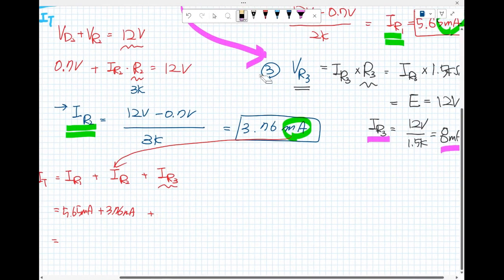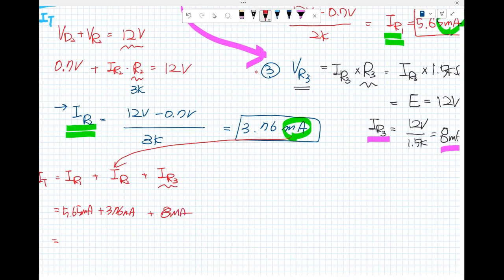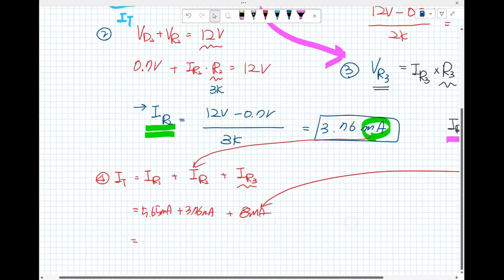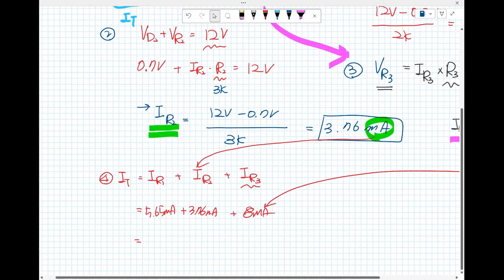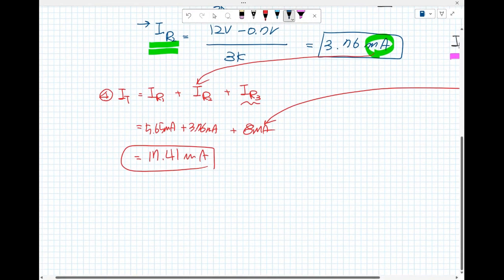Oh, I'm sorry, maybe I sub R sub 3 was 8 milliamp, because right there. So altogether it was 5.65 plus 3.76 plus 8, which is 17.41 milliamp. Okay. All right.